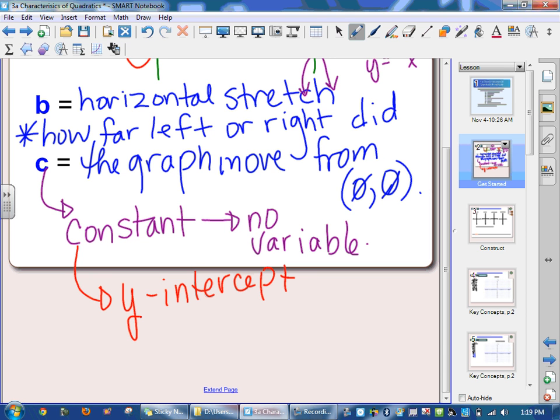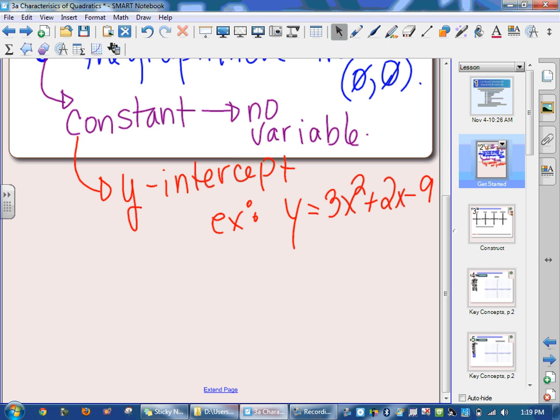Okay? So if I have an example of y equals 3x squared plus 2x minus 9, and I want to know where that graph touches the y-axis, I would draw myself a little mini graph, sketch it. First thing I look for is, is A positive or negative?